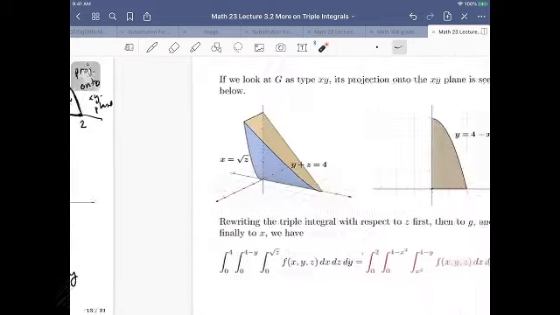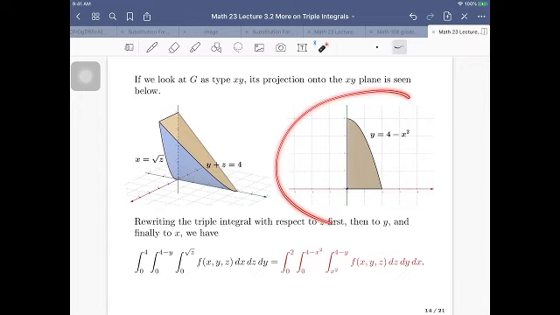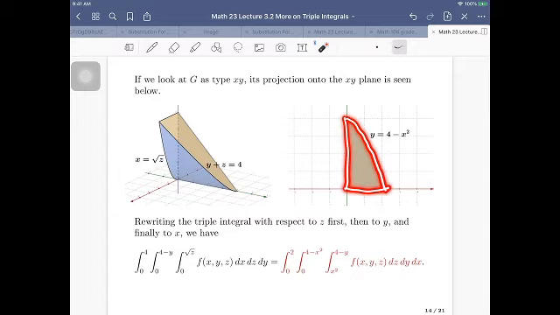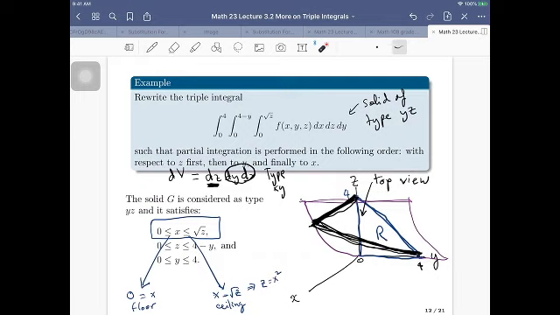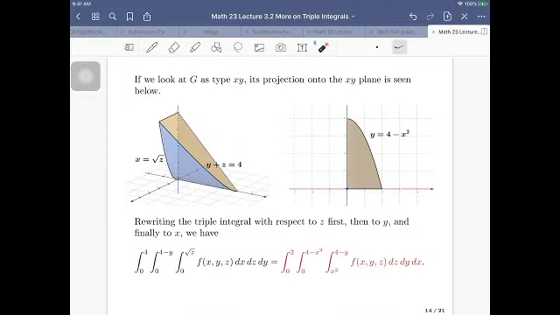So let's redraw that here. Here I've redrawn what I drew before. Again, you have y equals 4 minus x squared, you have x equals 0 and y equals 0. Remember what we want is dy dx. That means that we will treat R as a type 1 region. So we look at the vertical strip. The bottom function is y equals 0.